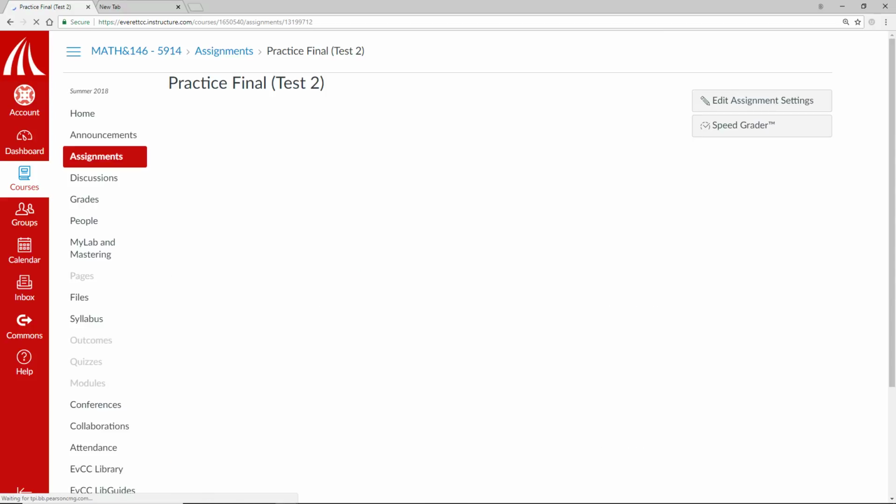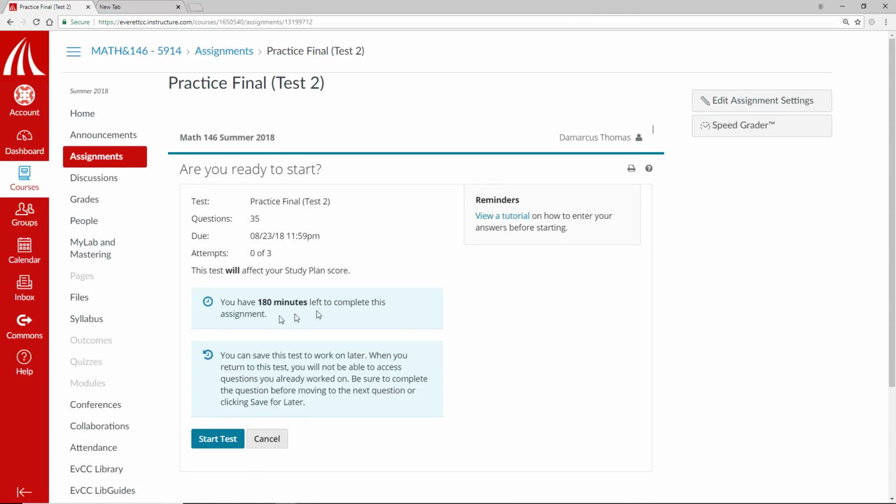I do have my calculator ready, and I'm using OneNote to take notes. I know that the problems are going to be random. We get an awful lot of time, but for 35 questions, I think I should be able to do it in about 45 to 50 minutes.